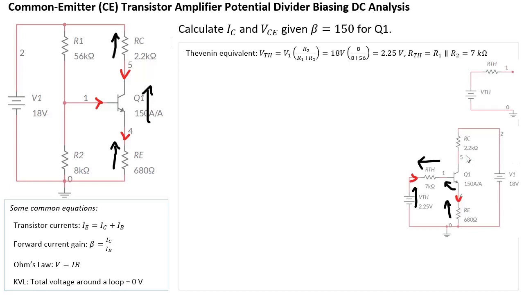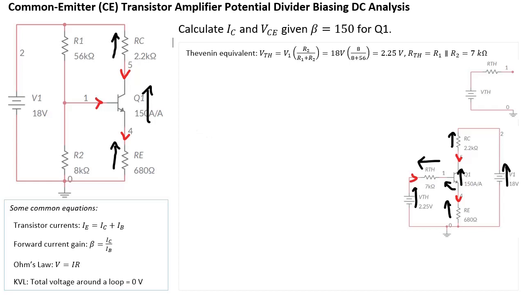Might as well complete the rest. This is of course IC, and the voltage across RC is positive going up. VCE is positive going up, and VRE is already there, so V1 is also positive that way.